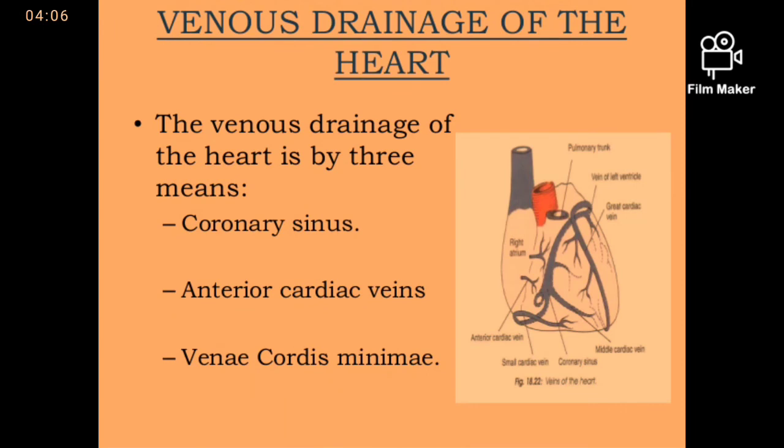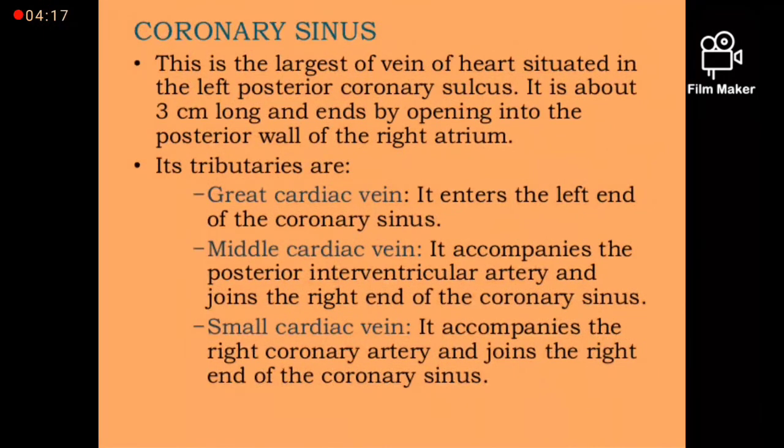The venous drainage of the heart is by three means: coronary sinus, anterior cardiac veins, venae cordis minimae. These are very tiny veins. Then coronary sinus, the largest vein of the heart, situated in the left posterior coronary sulcus. It is about 3 cm long and ends by opening into the posterior wall of the right atrium.